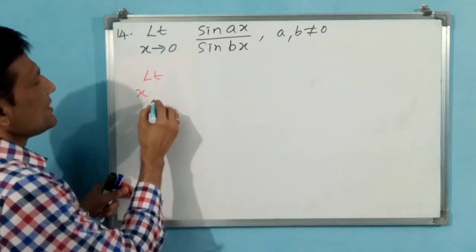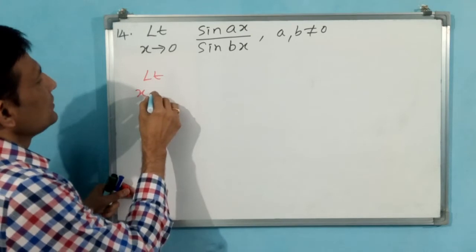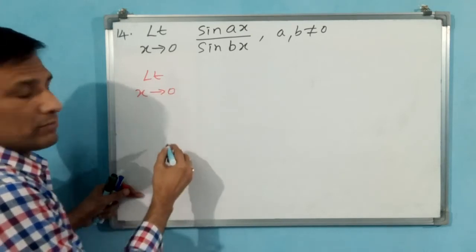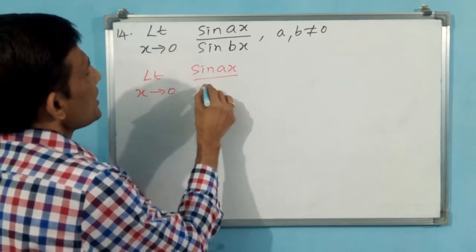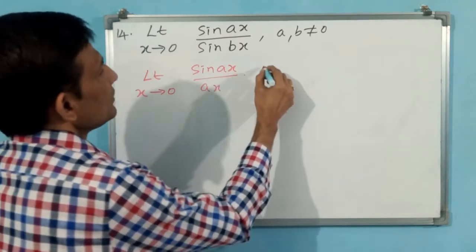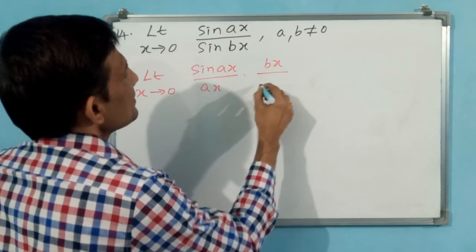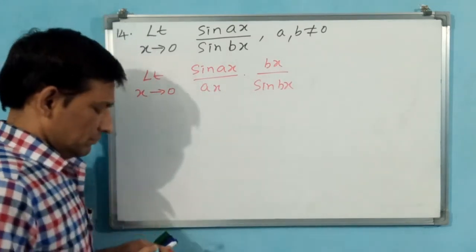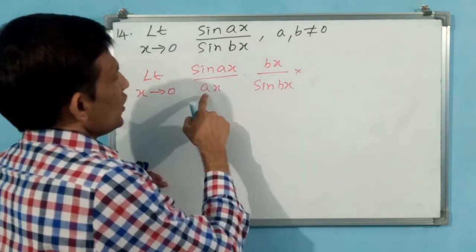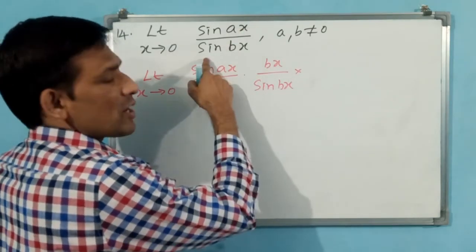Limit x tends to 0 sin ax by ax into bx by sin bx into, to counter this, see here, earlier denominator ax was not there.